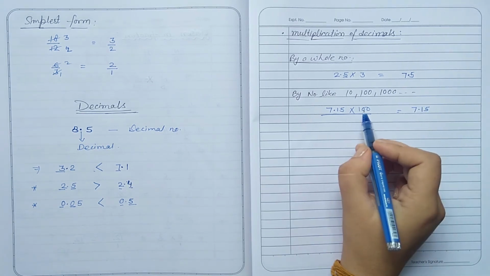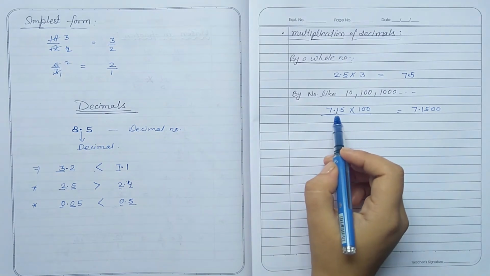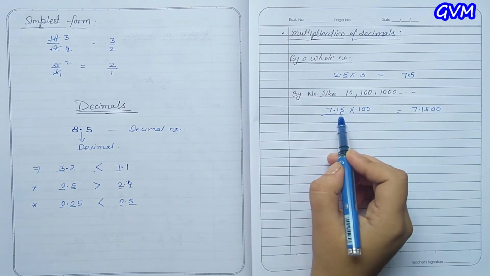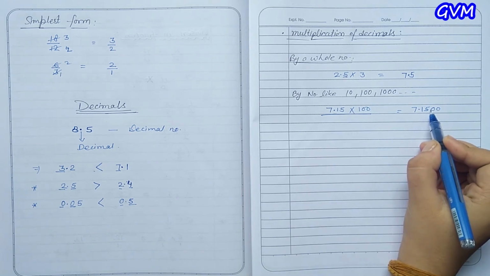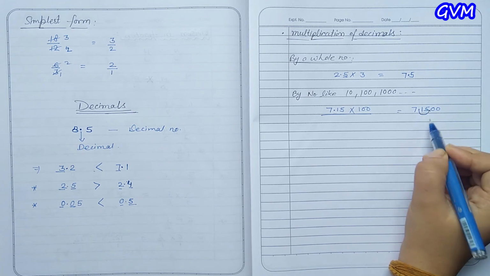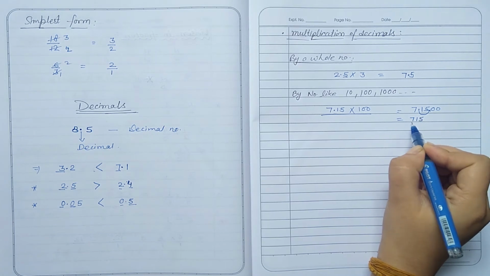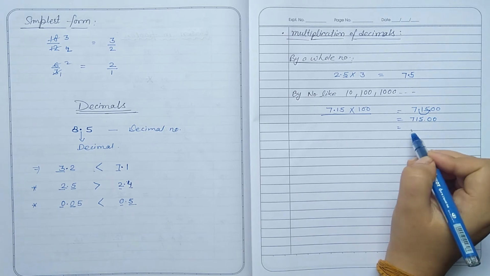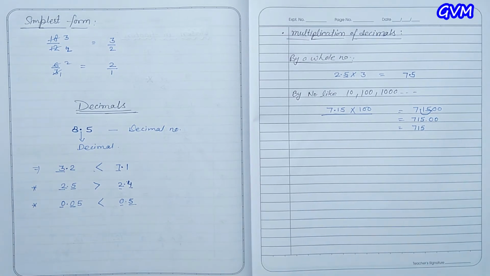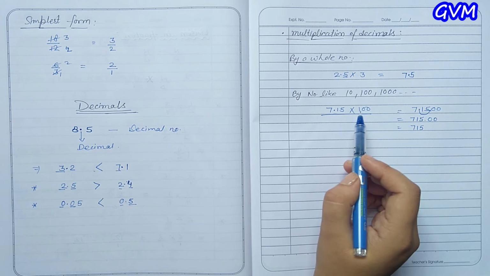Now put 2 zeros. Now see the number after decimals. decimal के बाद 2 numbers हैं. Where will we put the decimal? Before 2 numbers. So the decimal will shift from here to here, that is 750.00, and 0.00 means nothing, so this is 750. Or you can just see the number of zeros with the multiplication, the shift of decimal will be towards the right.